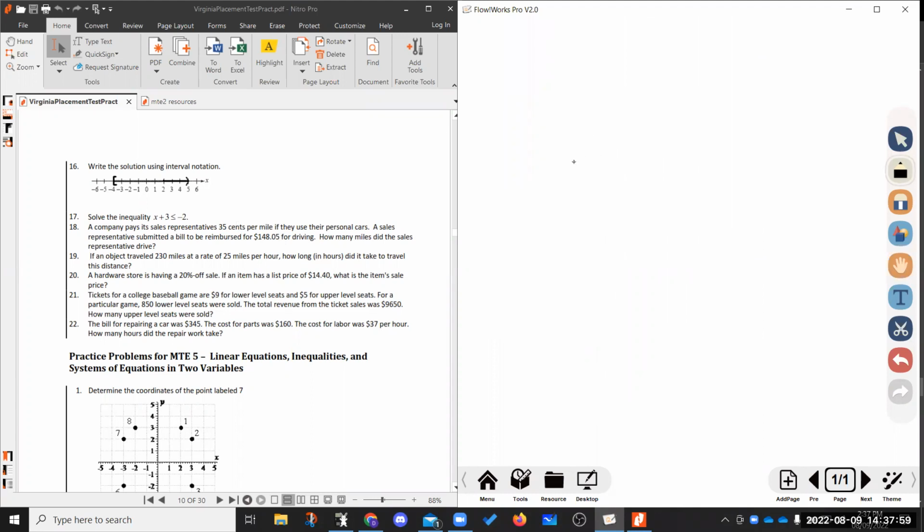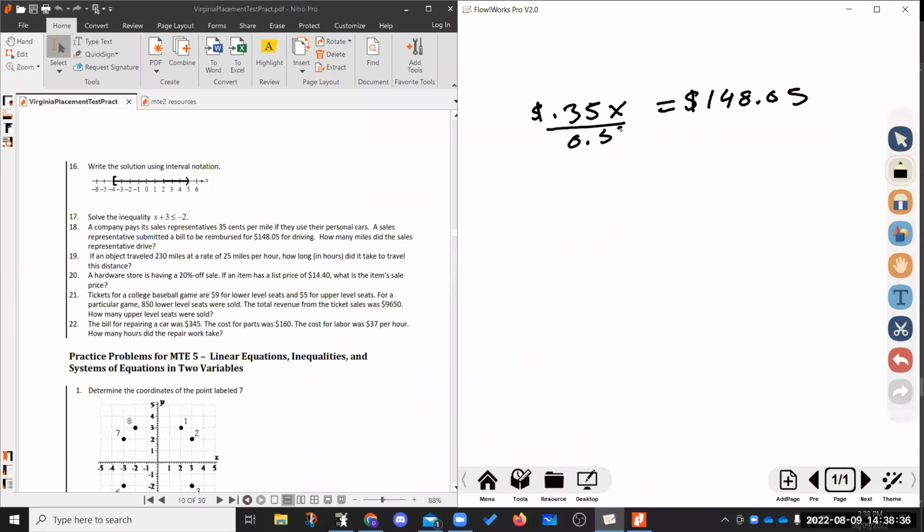18 says a company pays its sales representative 35 cents a mile if they use their personal cars. The sales representative submitted a bill to be reimbursed for $148.05 for driving. How many miles did they drive?